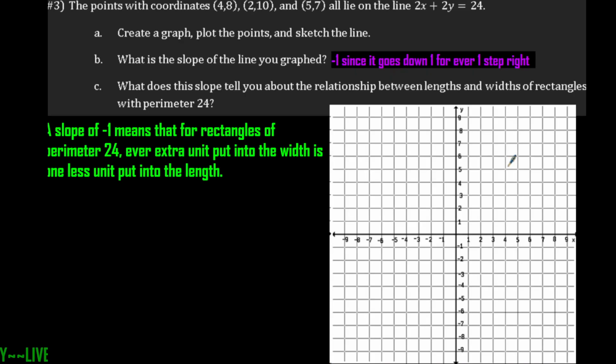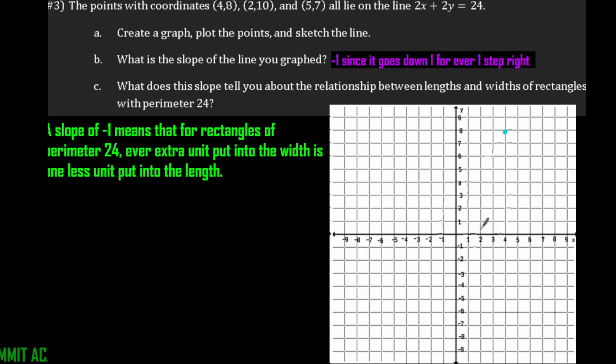And then on the last one, it says the points with the coordinates (4, 8), (2, 10), and (5, 7) all lie on that line. So let's graph the line first. Even though I have these things in here, let's plot these points. So I can go 4 to the right and 8 up to graph that point.